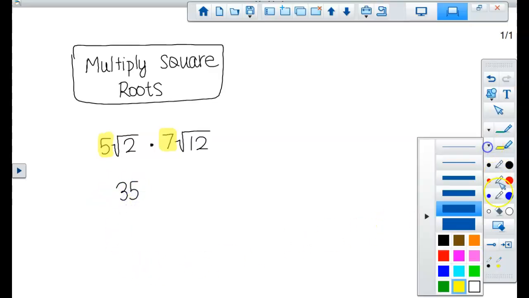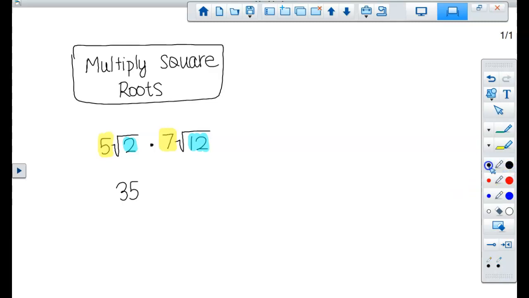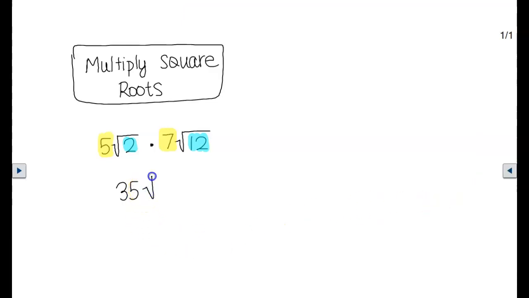And then we also do the inside times the inside. 2 times 12 is 24, so we end up with 35 square roots of 24. So outside times outside, inside times inside.